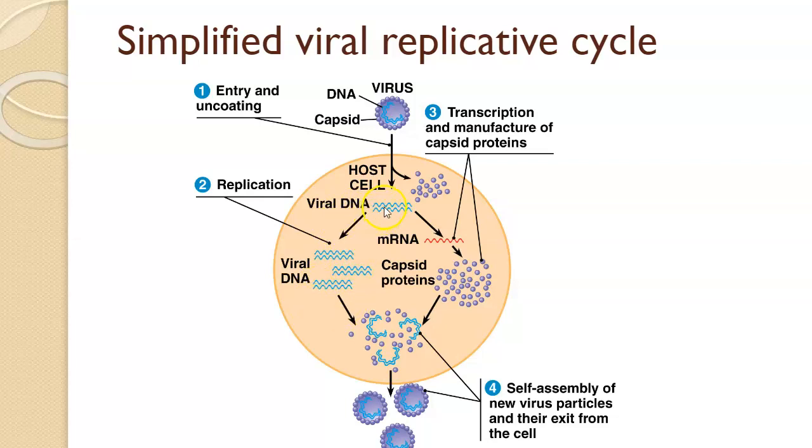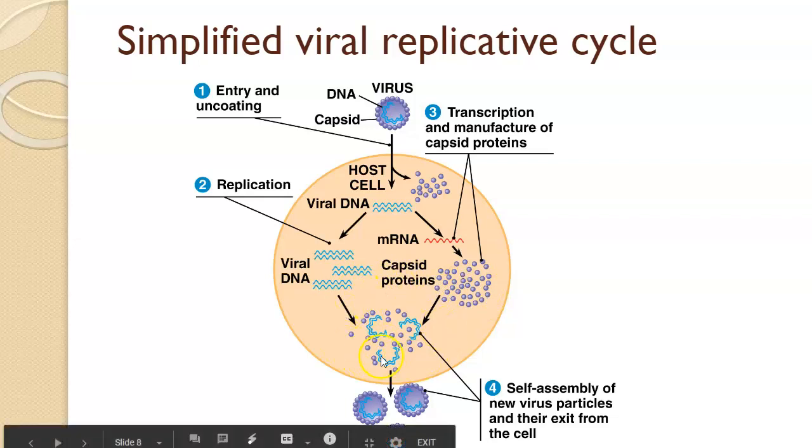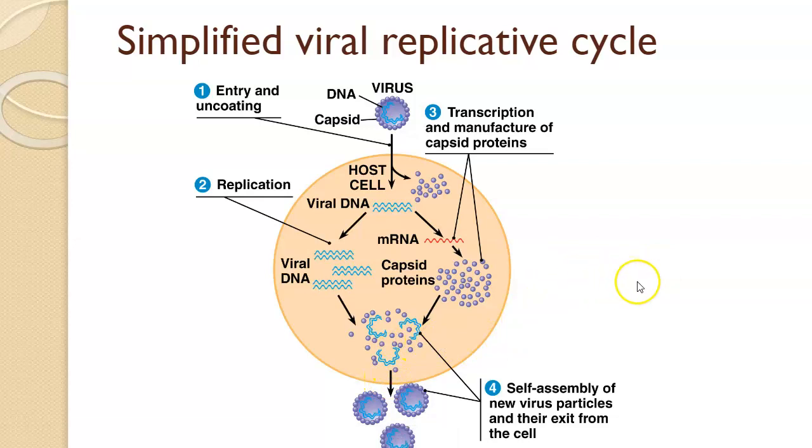It's also going to be transcribing and making more capsid proteins. So we have viral DNA being replicated over here, and now over here we got to make those proteins to encapsulate the virus. So then they come together and they self-assemble into new viruses that will then eventually burst out of the host cell. So that's kind of the overall simplified replication cycle.